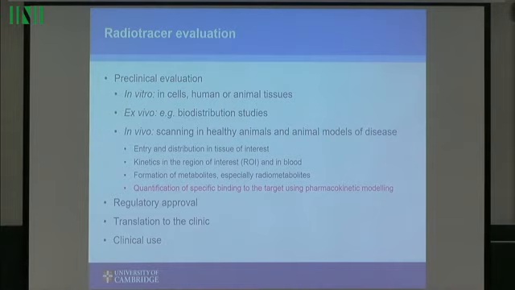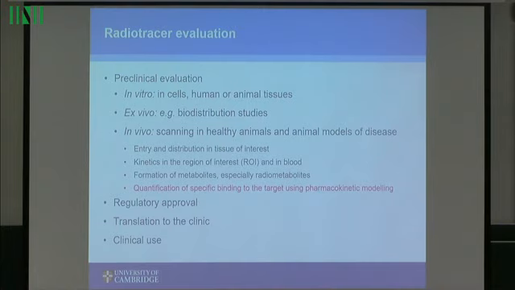So the idea of this testing is to see whether the compound actually enters into the region that we are interested in studying, whether it's able to distribute to where we want it to go, so that we can look at the kinetics. So that's essentially how the compound moves, the formation of the metabolites that I mentioned before, especially the metabolites that are radioactive, and then quantification of the specific binding to the target that we want to study.